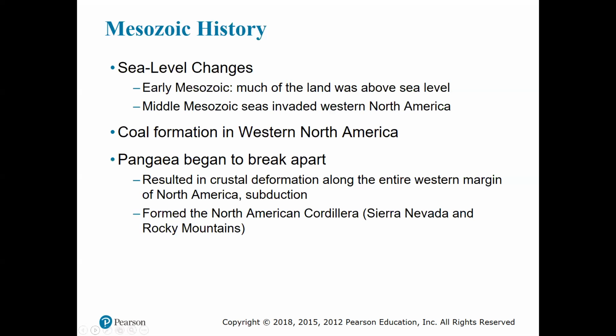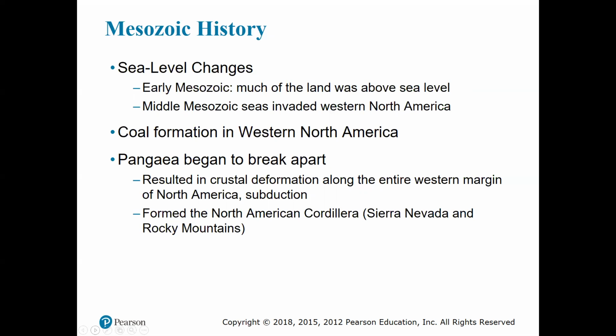If we look at the Mesozoic history, the Mesozoic era is about 186 million years, and it's divided into the Triassic, Jurassic, and Cretaceous periods. So looking at some of the things that happened in the Mesozoic era, we have the breakup of Pangaea and the evolution of modern ocean basins.